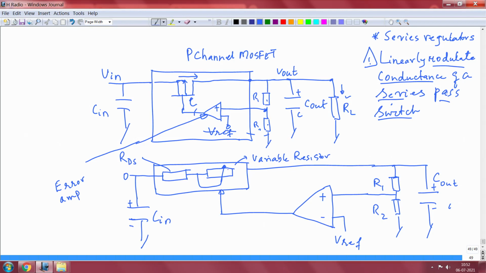Both of them are in series. This variable resistor will keep changing to some small value over a small range, so that V out is always in regulation.